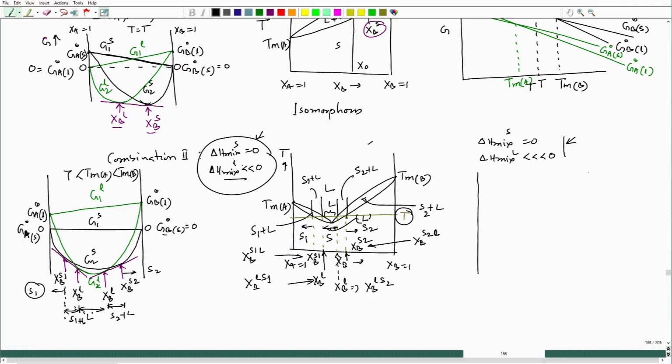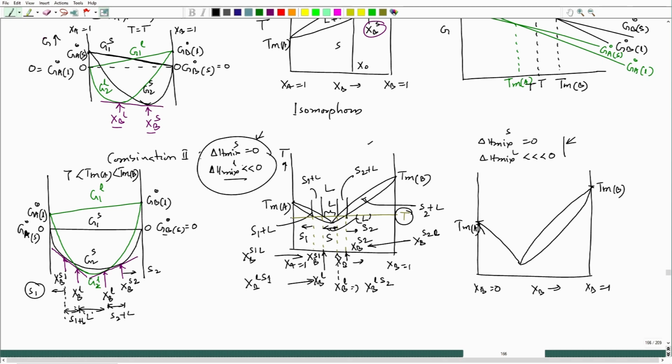So, let us say if I try to draw the phase diagram, x B equal to 1, x B equal to 0, let us say this is T m A, this is T m B. In this case, what I will see is that it will be farther down. This is the second case, let us say this is the B case, and this is the A case.